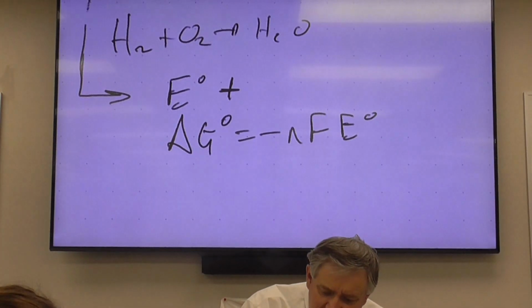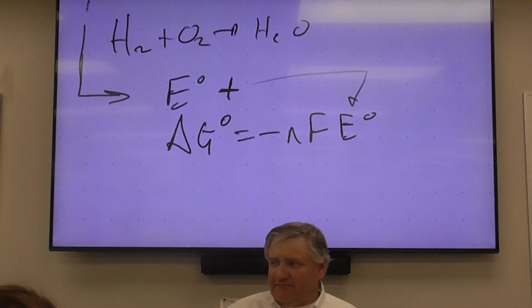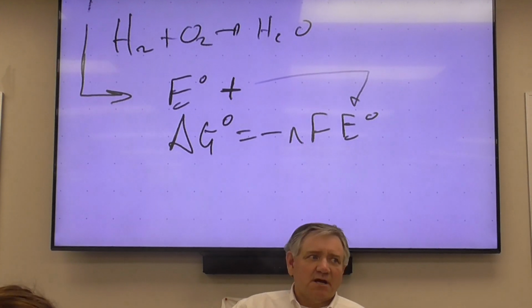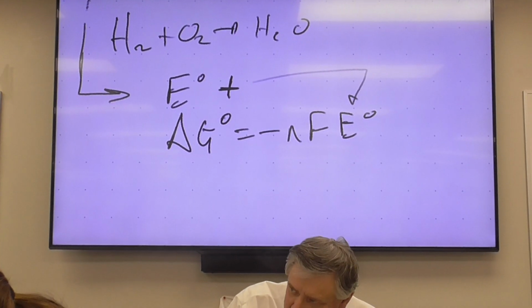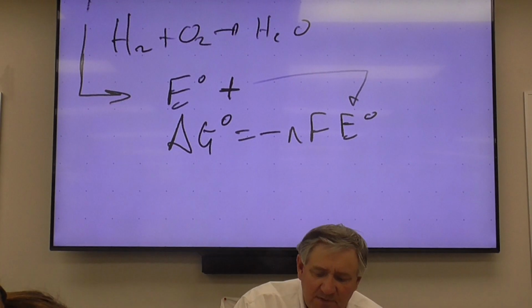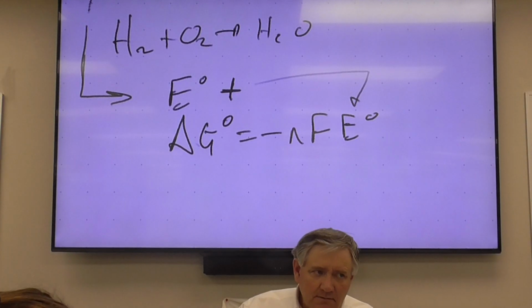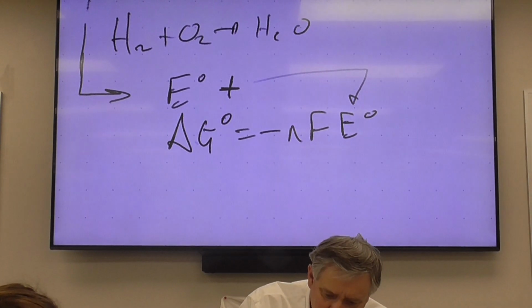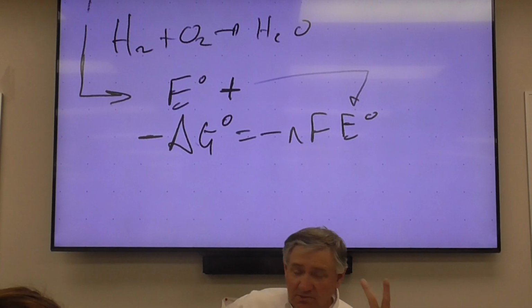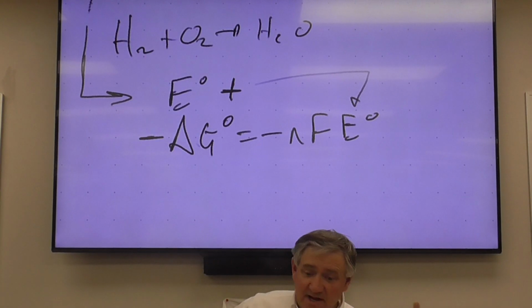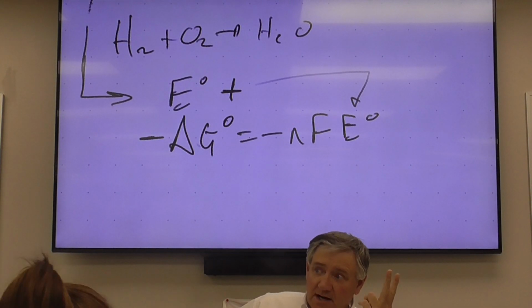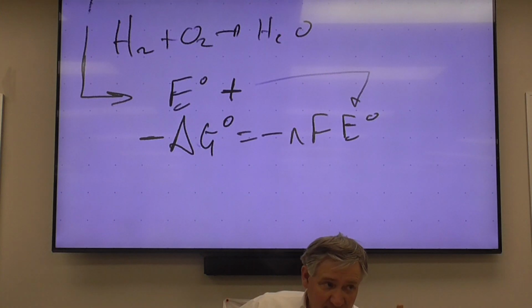So if you have a positive E naught value multiplied by Faraday's constant, and then a negative n, what's going to be the sign of delta G naught? It's going to be a negative number. Okay, so here's the first two criteria to see a spontaneous reaction. Positive E naught and a negative delta G naught value.